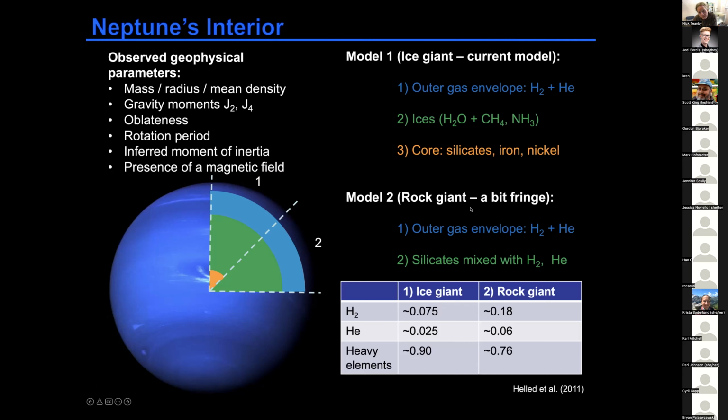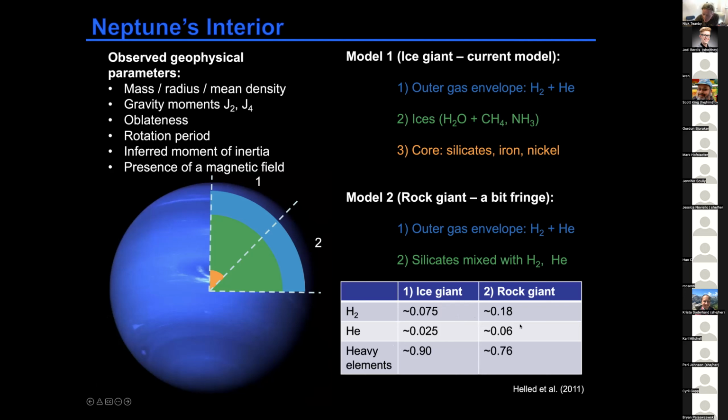But there's also the possibility of a rock giant, which is a little bit fringe at the minute. I'll dig more into that later in the talk. It has an outer gas envelope as in the ice giant model, but then the interior is basically silicates mixed with hydrogen, helium, and some ices. Those two models can fit the data.